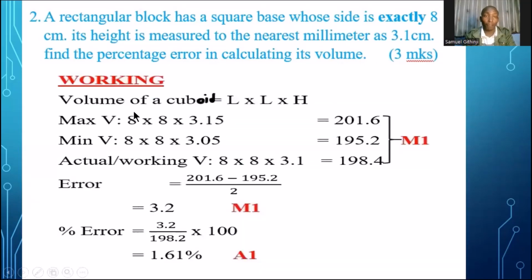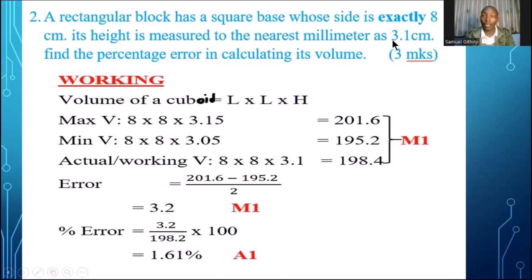There is the working. The volume of a cuboid, because our block here is more of a cuboid, will be length times width times height. But in this case, the length and the width are the same, the square base. Then L times H. We go ahead and work out the maximum possible volume. It will be 8 times 8 multiplied by 3.15. Where exactly did I get 3.15?